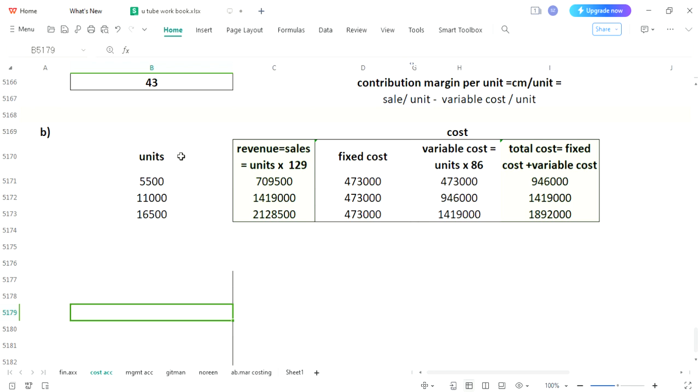For that you will see what is the minimum amount written in the sale column. That is 7 lakh. Minimum amount is 7 lakh. Maximum amount is 21 lakh. Here the minimum amount is 9 lakh and the maximum amount is 18 lakh.